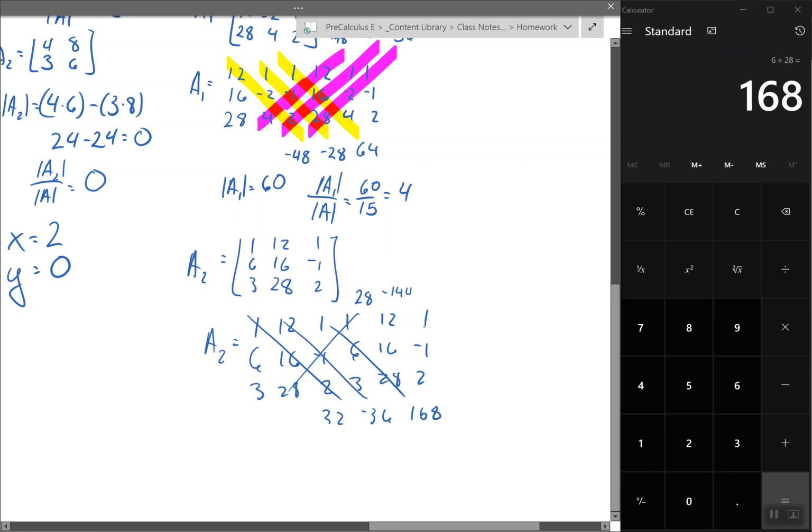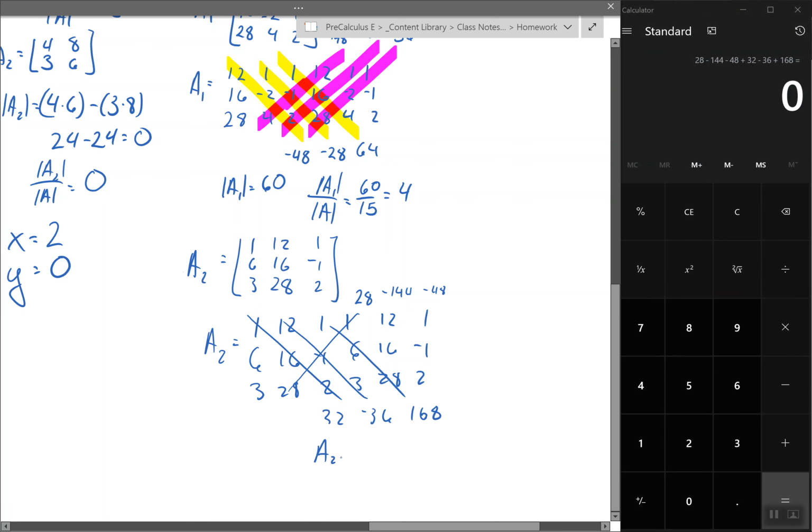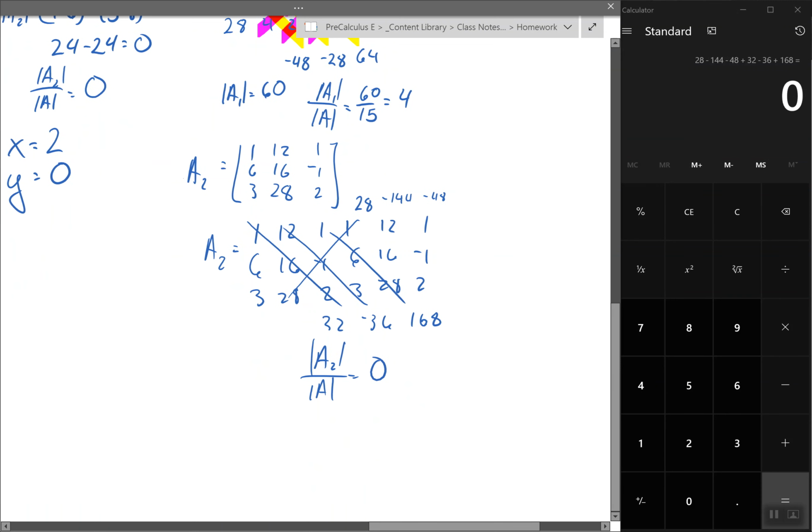And 3 times 16 is 48, and we make it negative. So let's see what we get. 0. Okay. So A2 is 0, which means our second solution is 0, and that is totally acceptable in these.